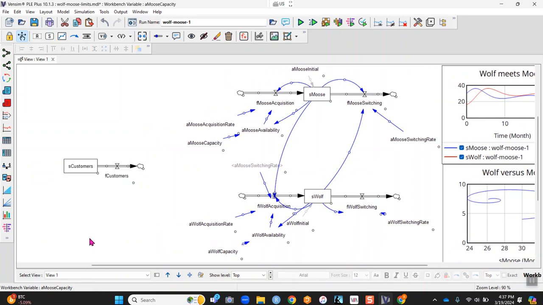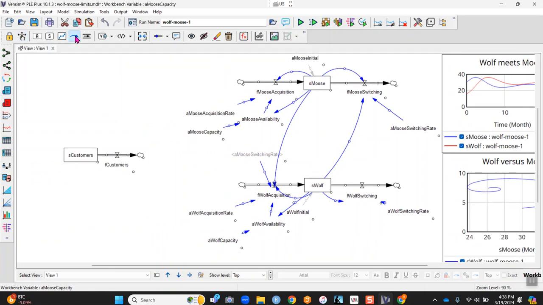There we go. That looks good. Let's put an arrow from here to here. Let's see if I can grab that successfully. Okay, good enough. Maybe I want to put it up here. There we go. That's a little better.